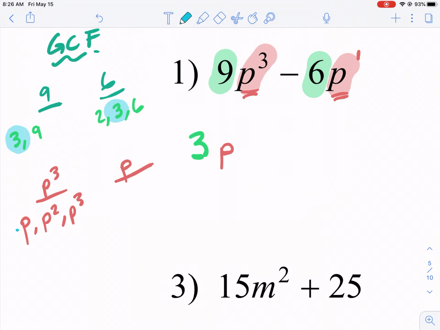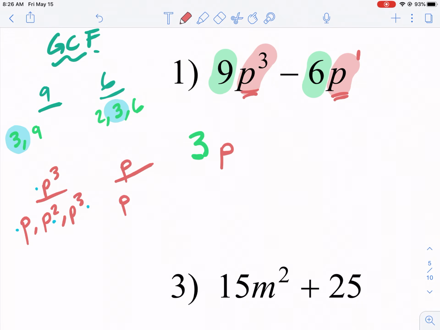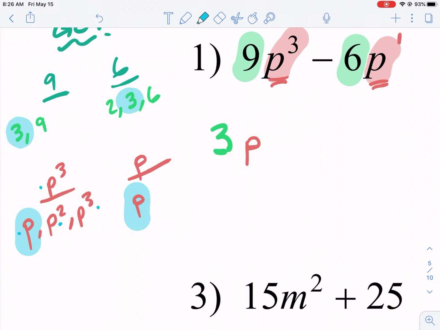P squared times p to the first equals p cubed, and p cubed times p to the 0 equals p cubed. What are the factors of p? Well, just p. So it's always going to be the smallest power of p, or p to the first, between the two variables. The smallest exponent is going to be your greatest common factor.